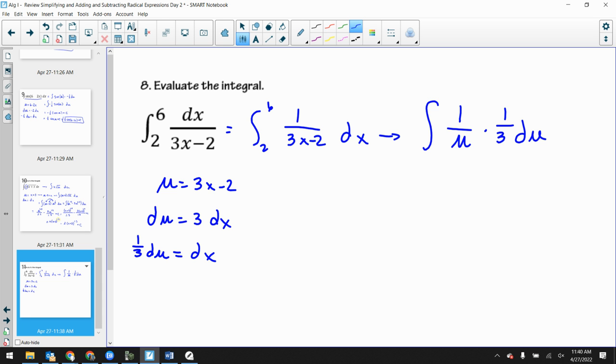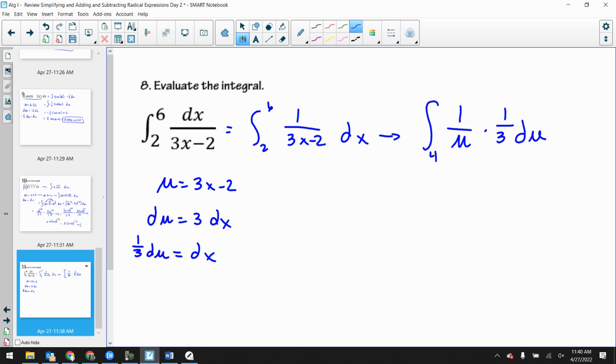Alrighty, now I have to tack back on my definite parts of my integral, right? I have to put those back in. What's this 2 going to turn into? 4. 3 times 2 is 6, minus 2 is four. 6. How do you say times?